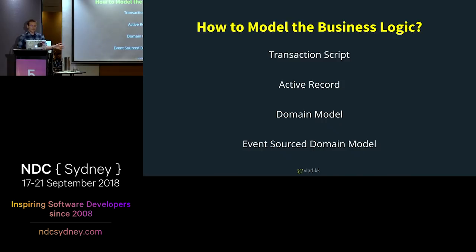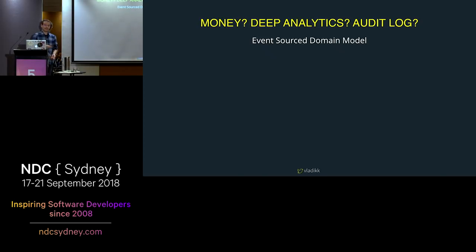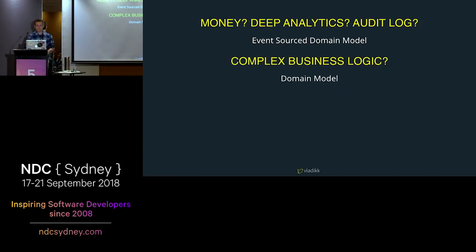Now, you can decide which of these patterns you should use by answering a few questions about your business domain. First, does the domain in question deal with money directly, require deep analytics, or require an audit log by law? If the answer is yes, you need event-sourced domain model. Second, how complex is the business logic? Is it more complex than some input validations?